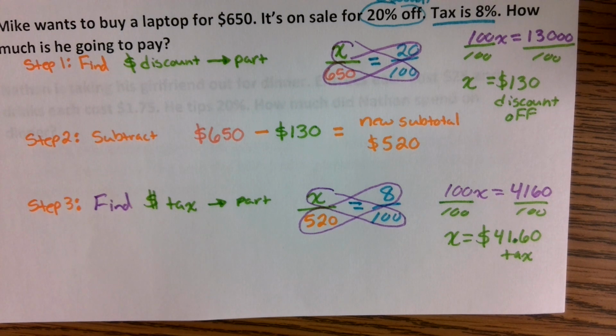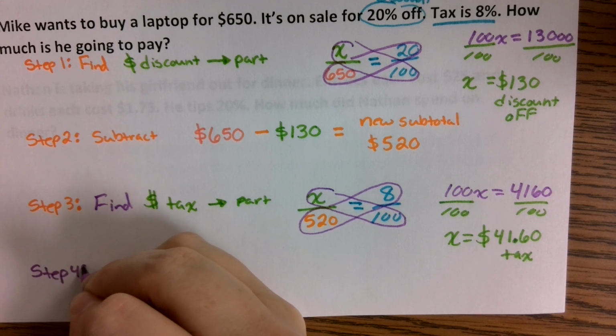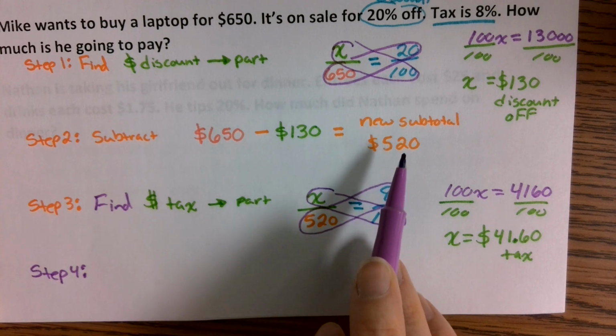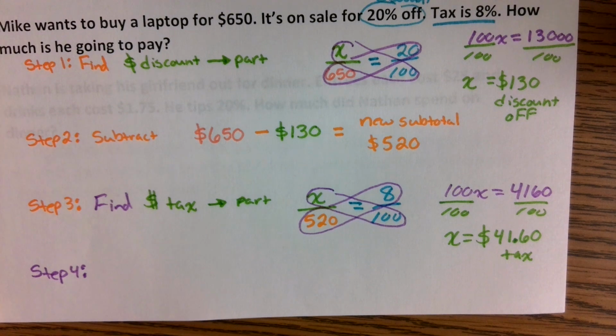What do we do with tax? You add. What are we going to add it to? And what is that? What was our discounted price? Who can tell me what the discounted price was? Come on, guys. Angel? $520. The discounted price was $520. You're going to add your discounted price and your tax together.